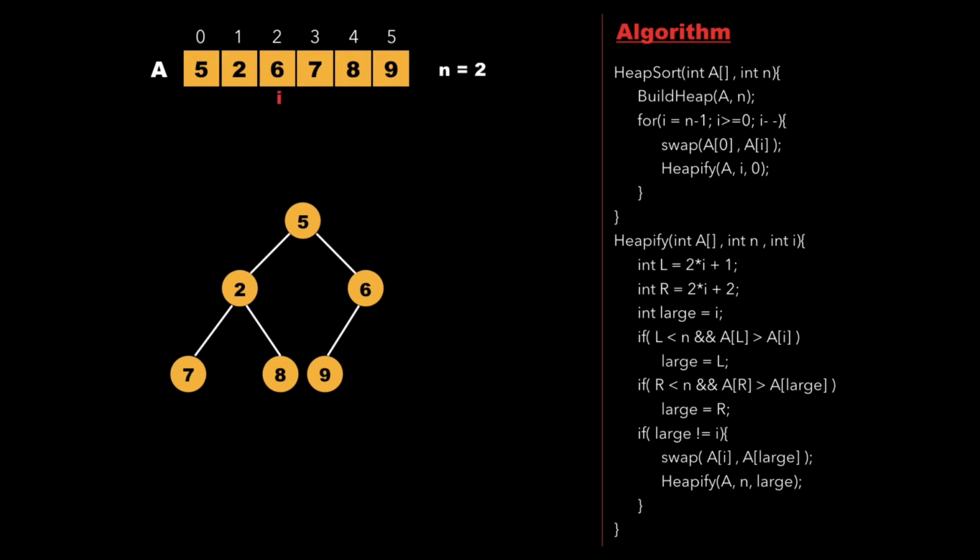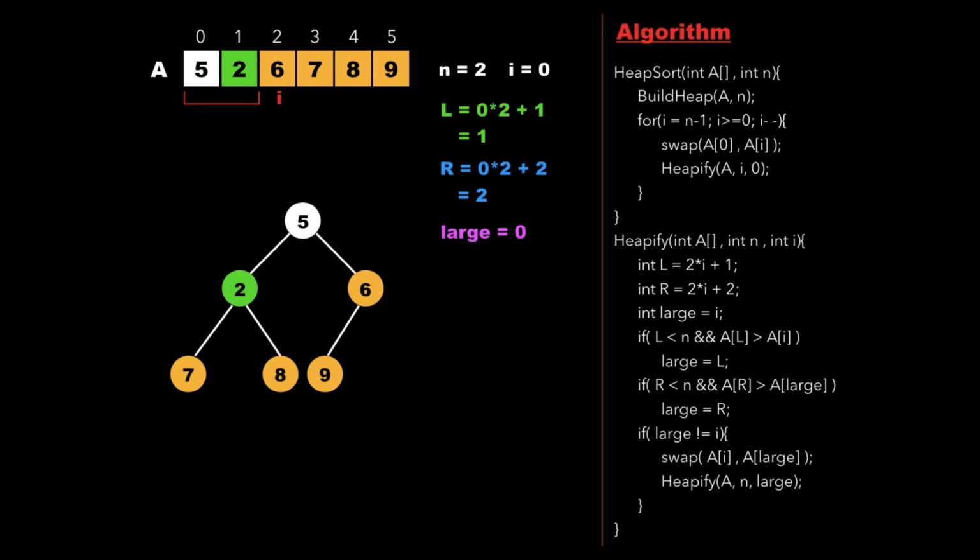So we are restricting ourselves to the first 2 elements, and the value of I as usual is 0, that is the root node. So now we are in a heapify function and we calculate the index of the left child node as 1, which is 2, and the index of the right child node as 2, which is the value 6. But we need not consider the value 6 here since we are restricting ourselves to the first 2 elements.